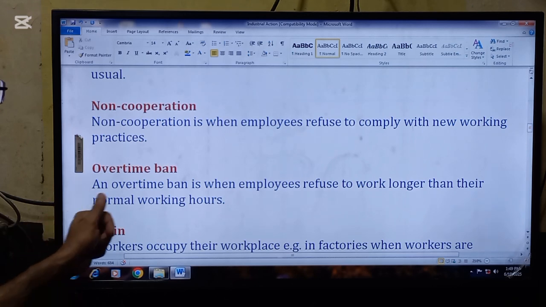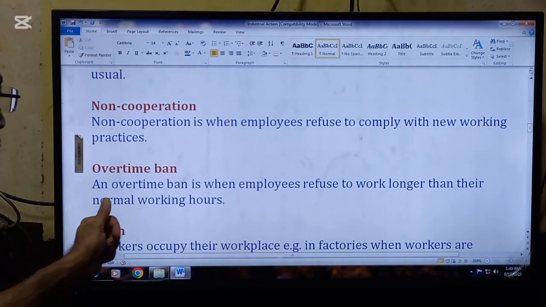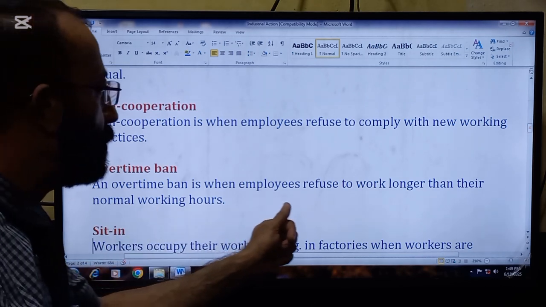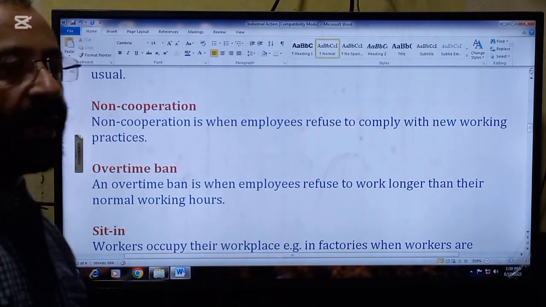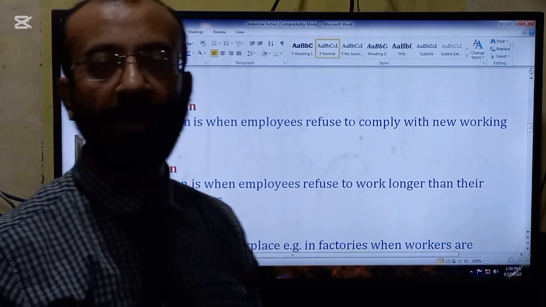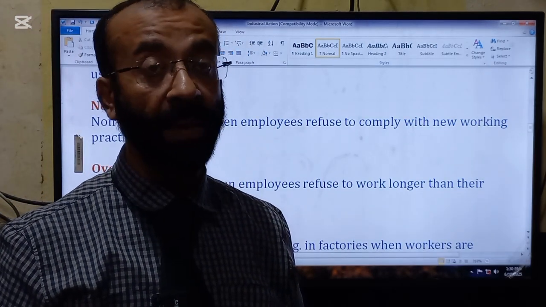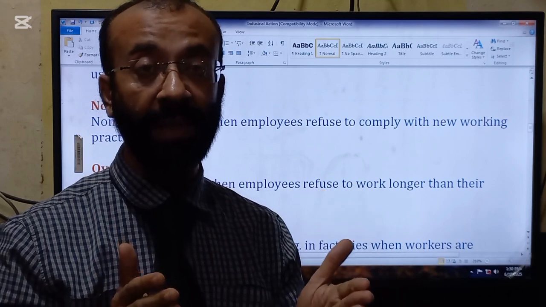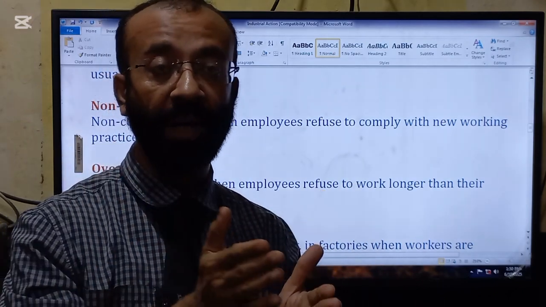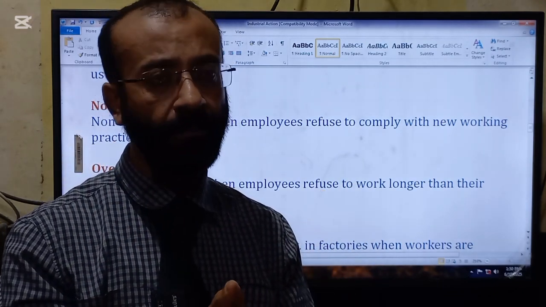Next is overtime ban. An overtime ban is when employees refuse to work longer than their normal working hours. For example, a company's products are in demand, or maybe this is a seasonal period of the year for a company's product.